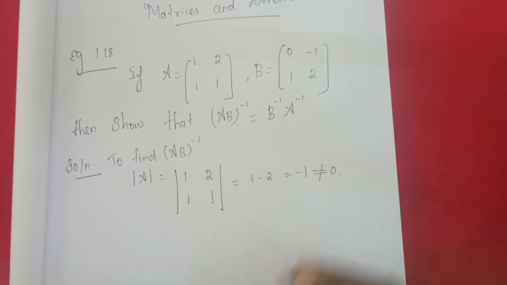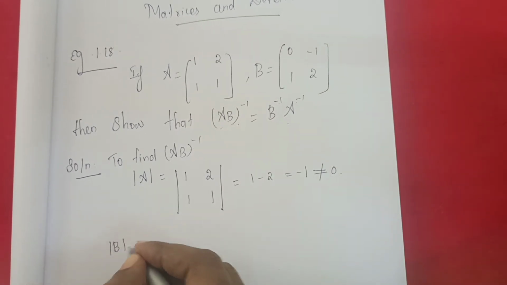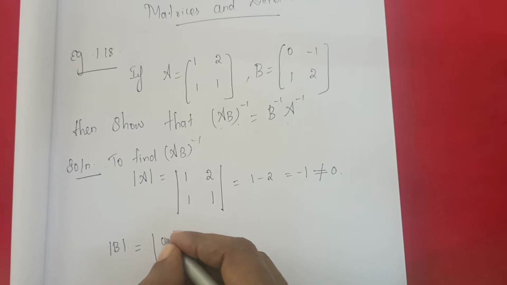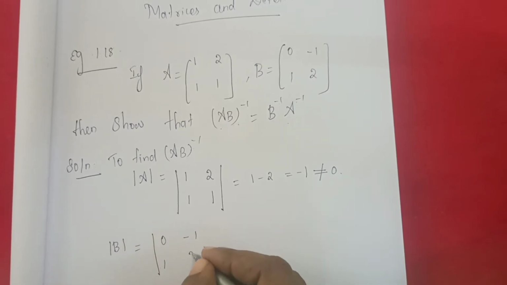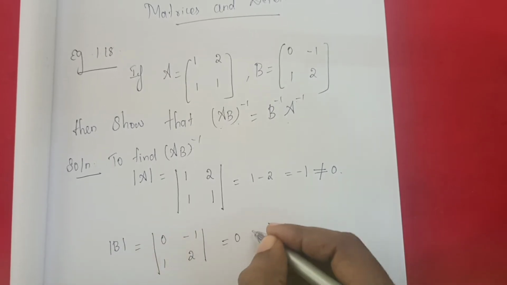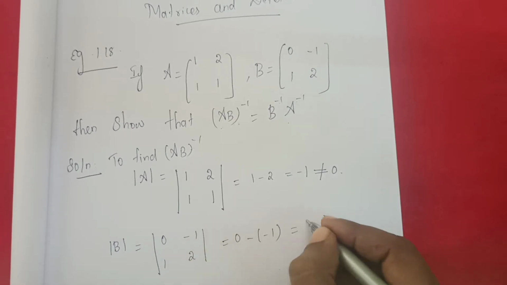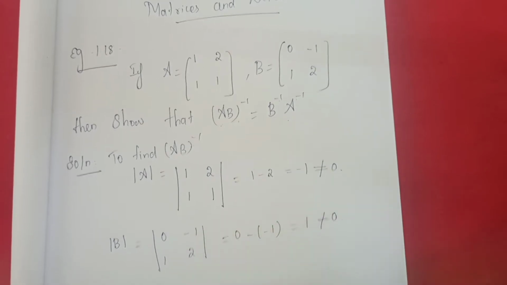That is not equal to 0. Then we need to find the determinant of B, that's [0, -1; 1, 2]. 0 minus of minus 1 is plus 1. That also is not equal to 0.